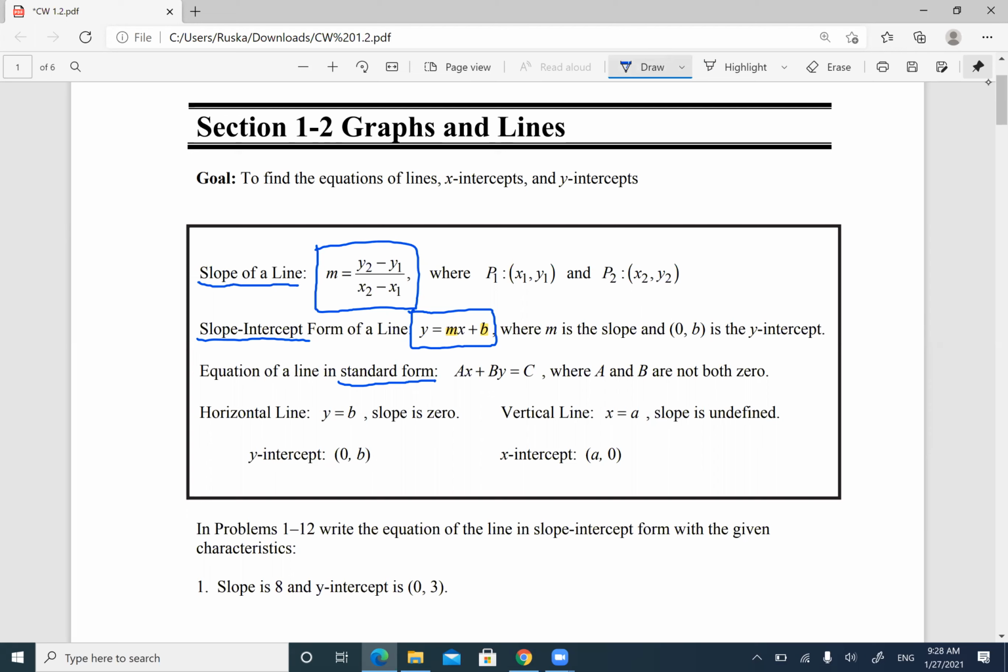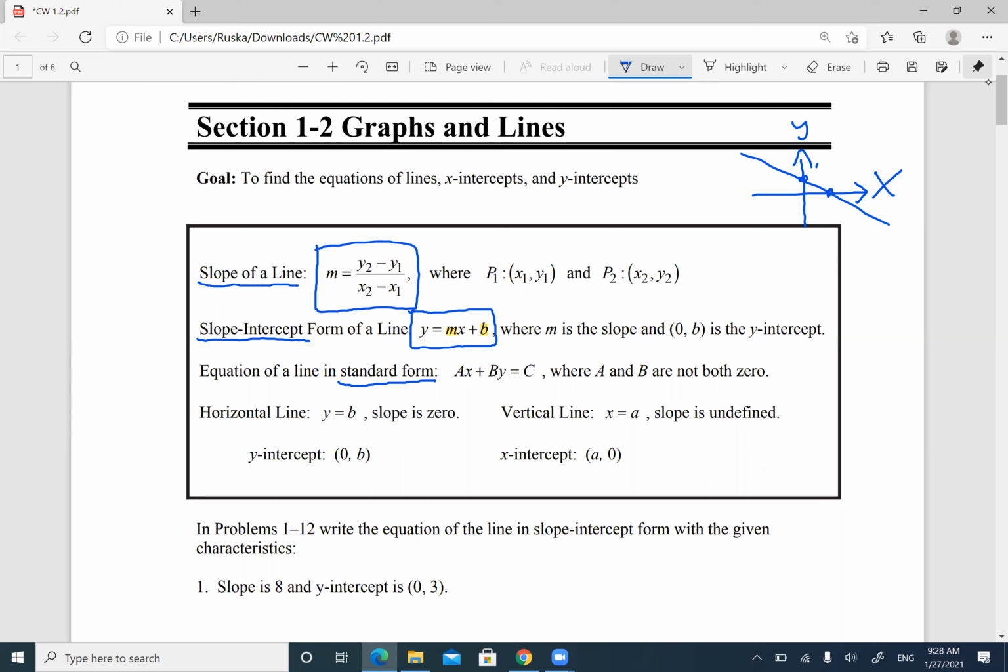So I'm gonna just give you a little graph here to see. If you have a line, wherever it crosses the y-axis is the y-intercept. So this is the x-axis, this is the y-axis. Wherever it crosses the x-axis is the x-intercept. Now the y-intercept, the coordinates are 0 and b.